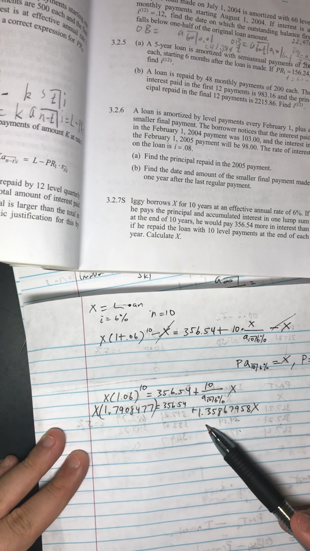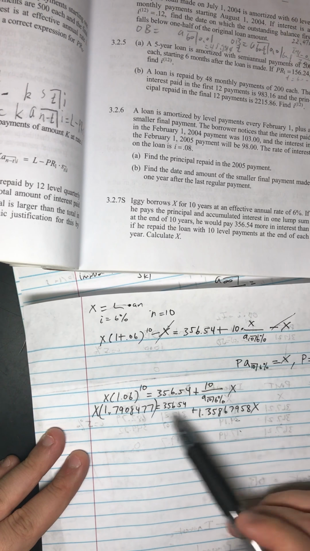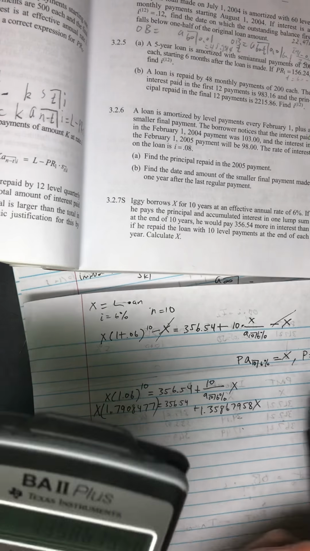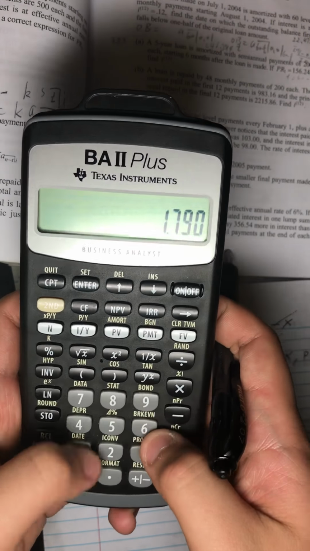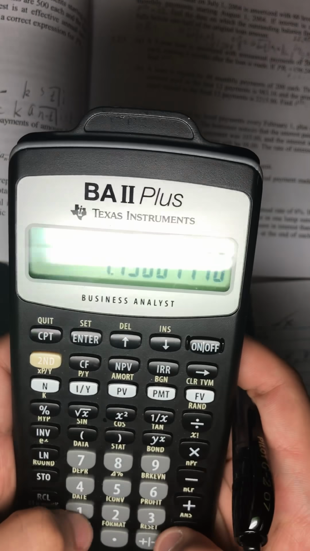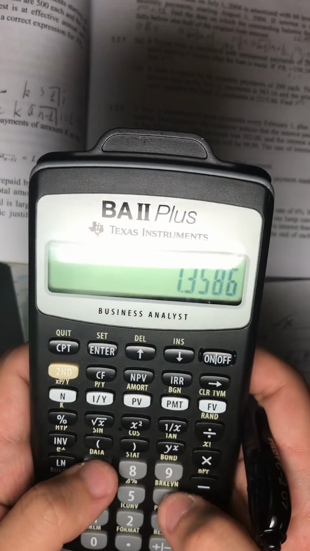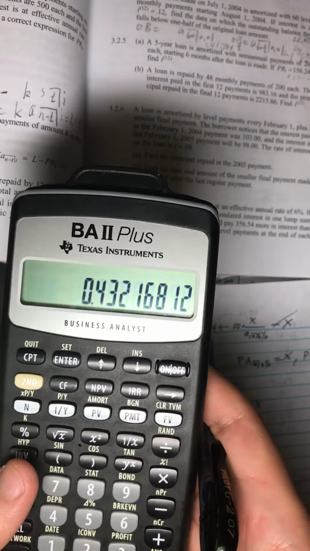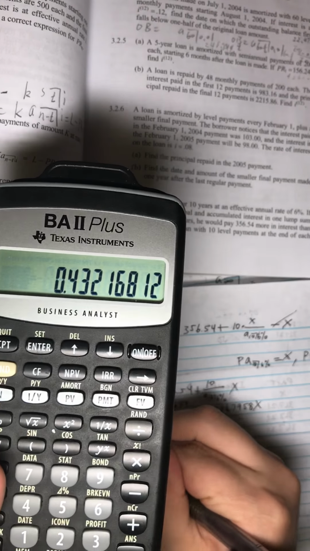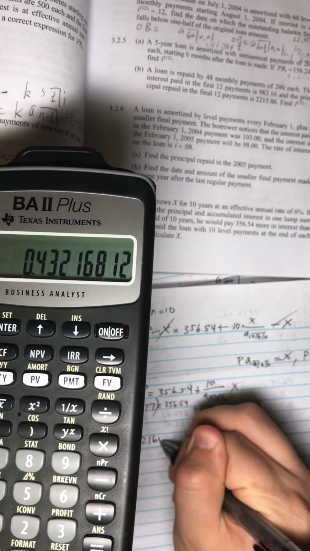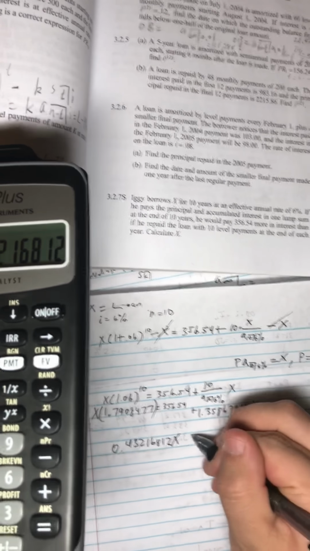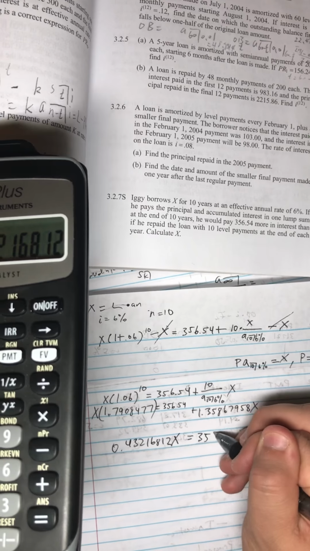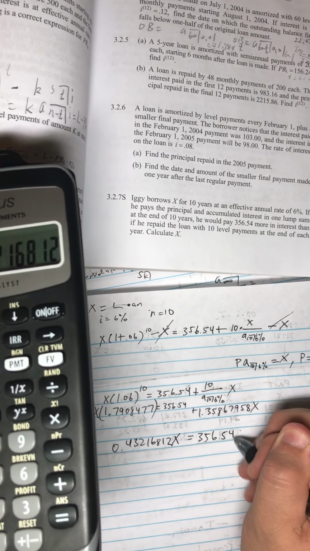1.79 and 1.36. So we can subtract this to here to get us 1.79084777 minus 1.35867958 to get us 0.4321681 on the left hand side with x equals 356.54.